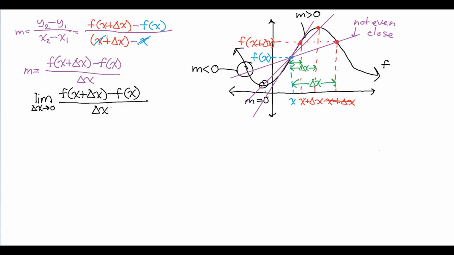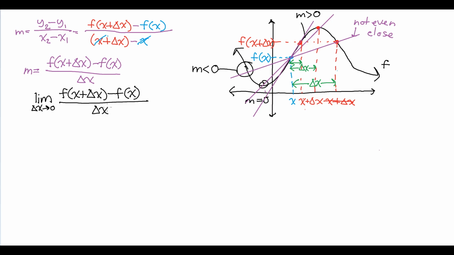Well, as the red point gets infinitely close, it eventually starts to get so close it almost overlaps. So as delta x approaches 0, slowly yet surely, it will approach the actual slope of the tangent line at that point, the actual slope of the curve at the blue point, which we kept fixed this entire time.